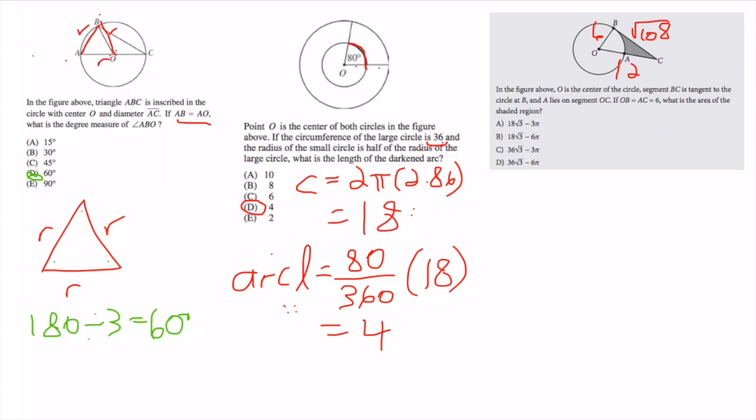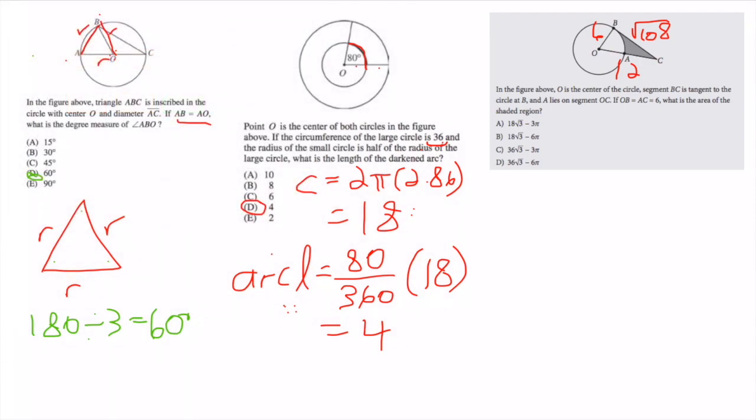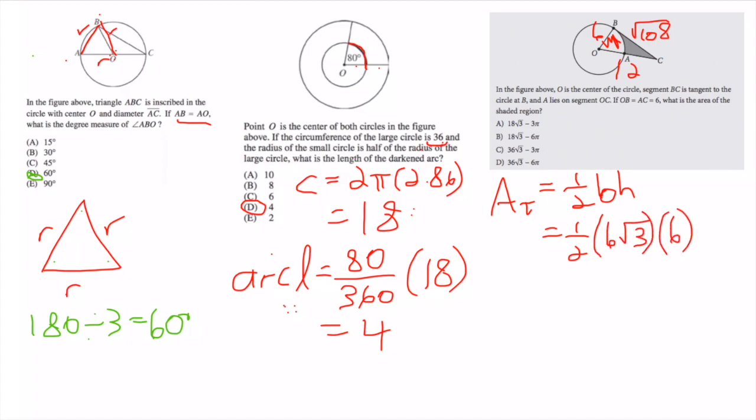So first what I want to do is I need two different areas here. I need the area of that segment of the circle, and I need the area of the triangle. The area of the triangle is 1/2 base times height, which is 1/2. In this case, the base is 6√3, and the height is 6.